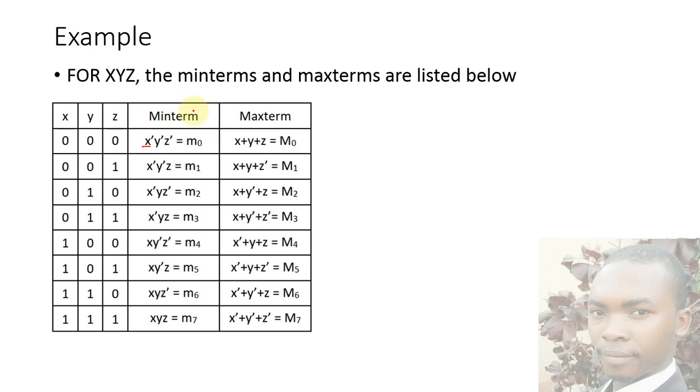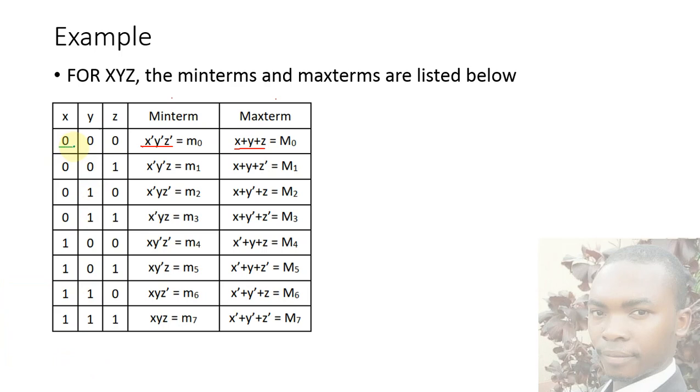So it means you have to multiply these ones, and if you're going down, you are going to add. So this is the difference between the minterm and the maxterm. The minterm is a product, and the maxterm is a sum. Okay, so let's now see.